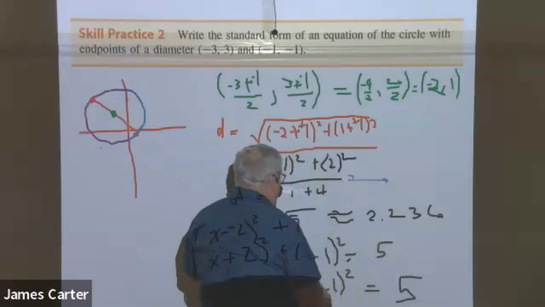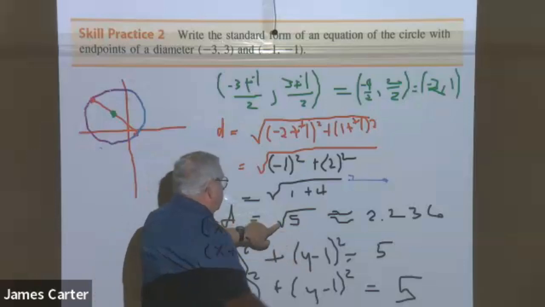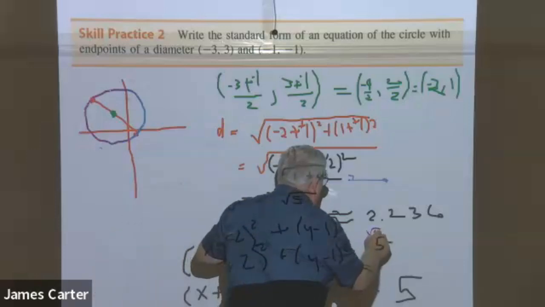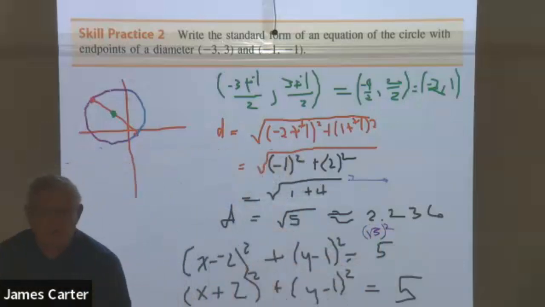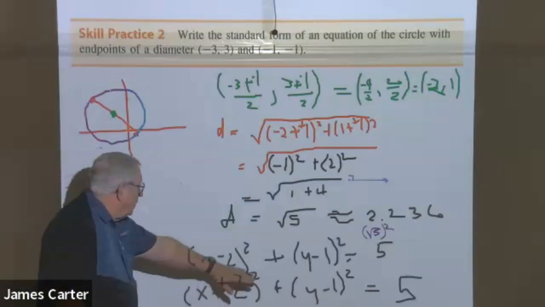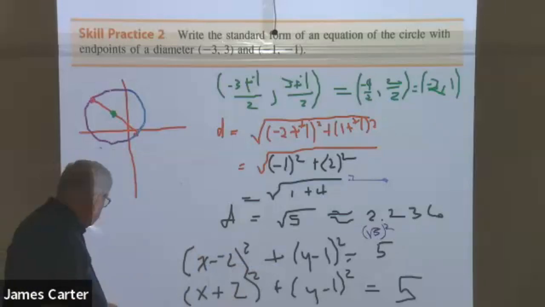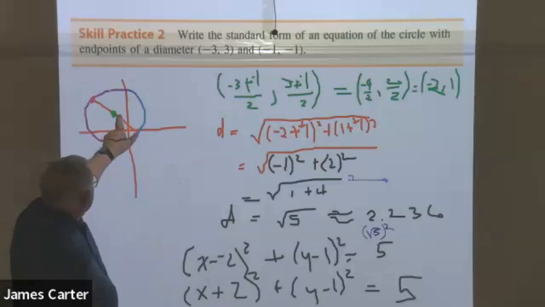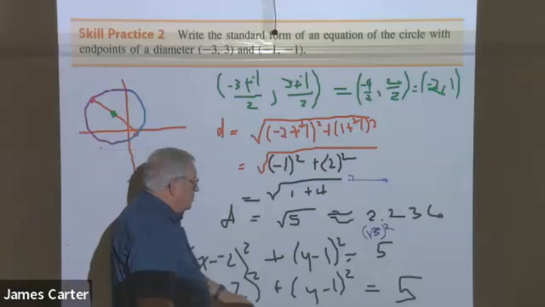This is that squared. That's where that 5 came from. Okay, because the radius has to be squared. So anyway, here is my value. So that means that these distances are 2.236. Questions on this one?